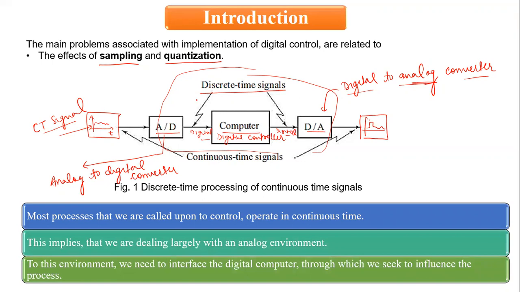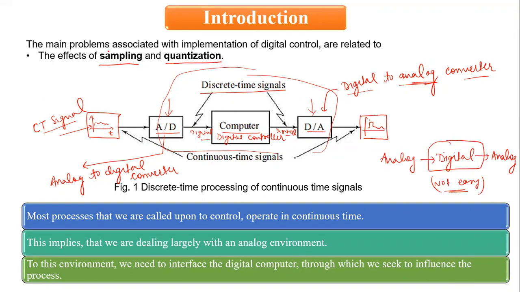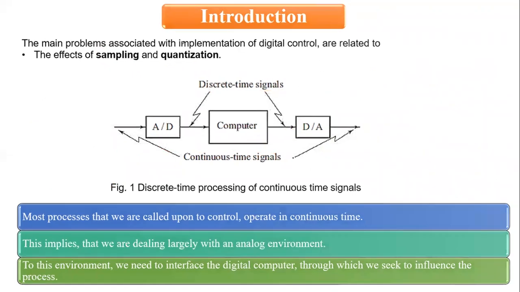Those interfaces are provided by these two types of converters, the A to D converter and the D to A converter, so that the relevant information can be processed in a convenient way. The effects are sampling and quantization. So let us see what these effects are basically.